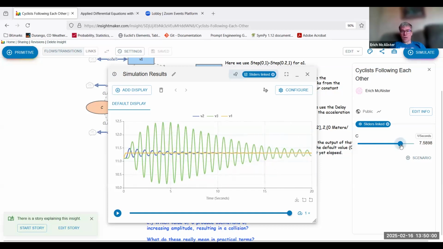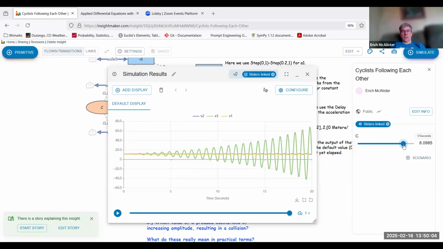If we pass 5 pi over 2, I'm going to go up to 8. Now the oscillations in rider 3's velocity are growing without bound. We can see that a collision is going to occur.